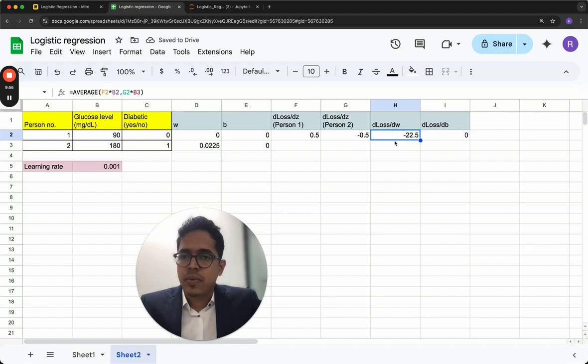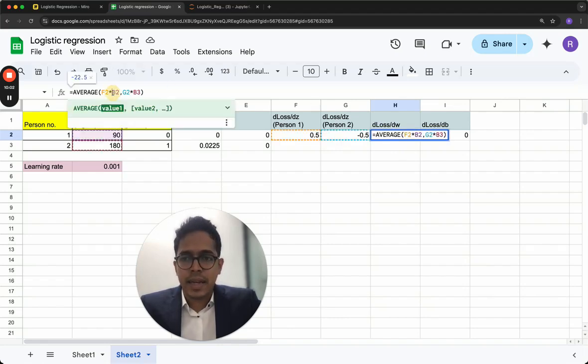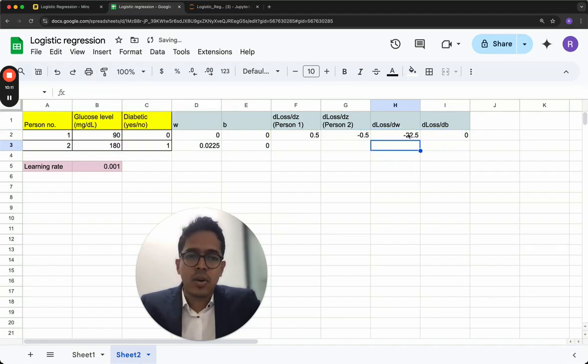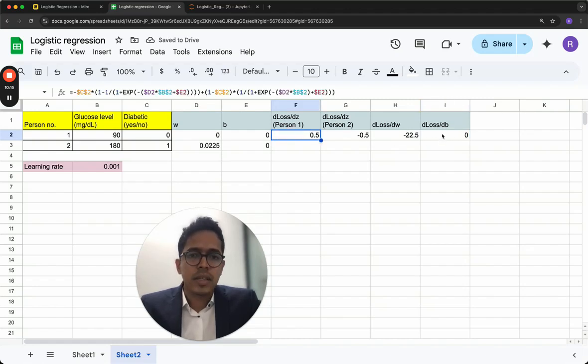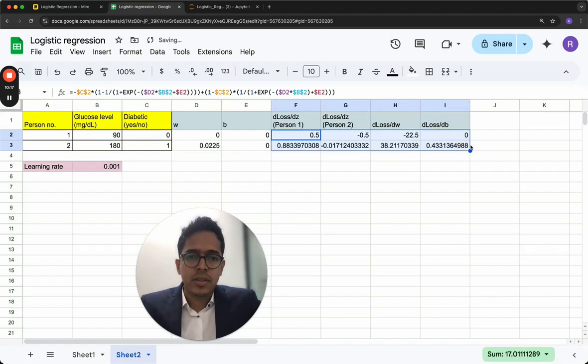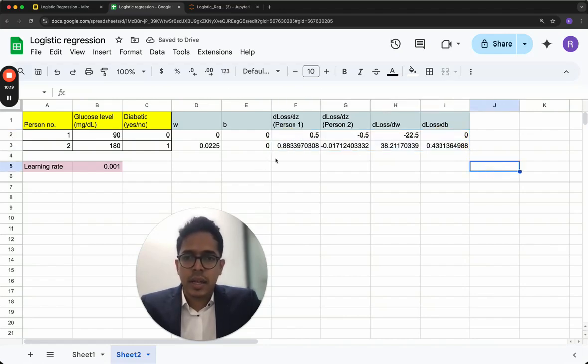And here also we have to do one more thing, because in the loss calculation we are multiplying by X, and X value is always there in the fixed set of columns. So this should be $B$2 and $B$3, because that I don't want to change while clicking and dragging. So now I hope the formula is fine. If I click and drag, this should show some numbers. Fine. Okay, now some numbers are coming.